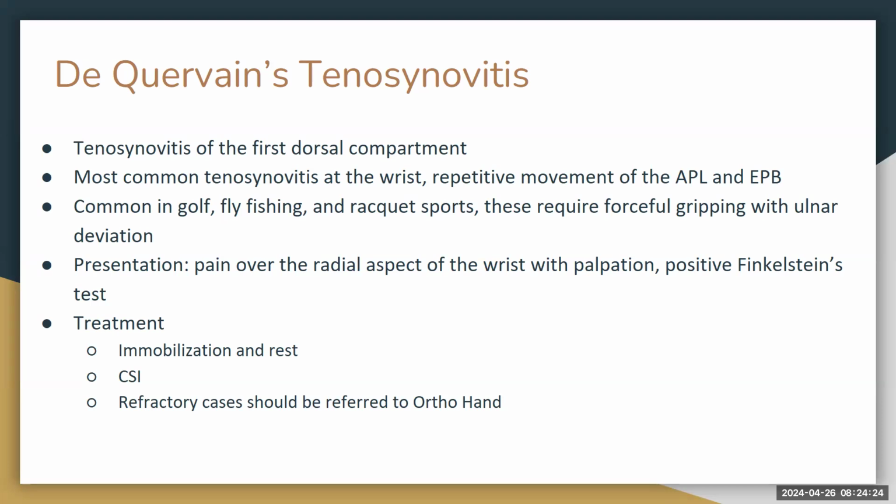Common in golf, fly fishing, racket sports, those that require a force grip with ulnar deviation, if you can imagine force grip and then deviating ulnar, pulling on that first compartment. Presentation, they have pain over the radial aspect of the wrist with palpation, positive Finkelstein's test, treat with immobilization, rest. We can do steroids for these, and then you can refer them to ortho hand if these continue to be refractory.